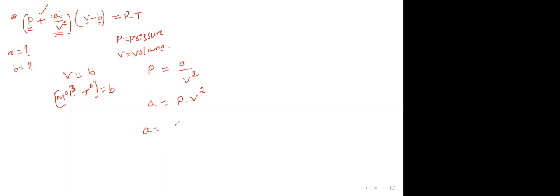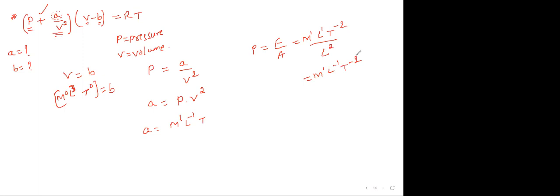What's the dimensional formula for pressure? Pressure is defined as force by area. Force is M1 L1 T minus 2, area is L power 2. If I take L power 2 to the numerator, it becomes L minus 2, so L power 1 minus 2 is L minus 1.